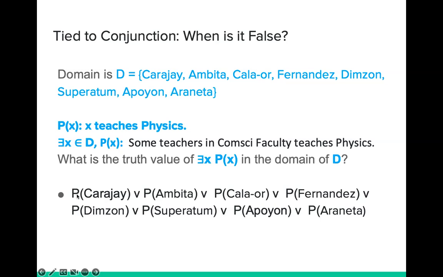We replace x with all of the values belonging to D: P(Karahay) or P(Ambita), etc. And this will all result in false because none of us are teaching physics. So we can say that there exists an x belonging to domain D, P(x), is false.